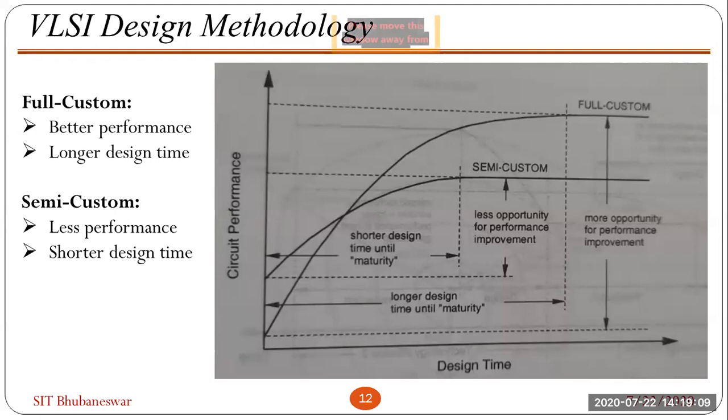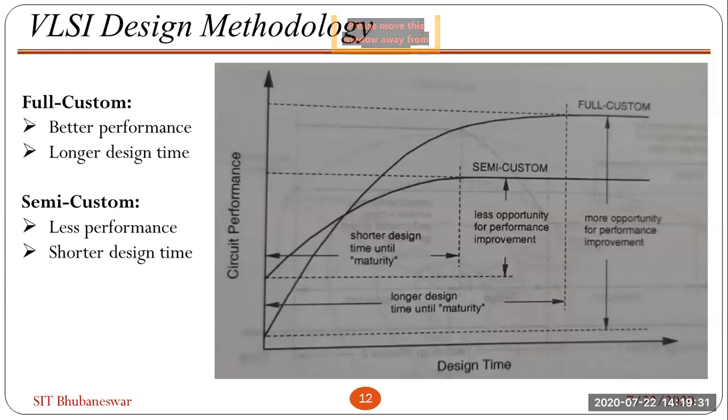It will take too much time, but we will get better performance, because ultimately without getting better performance we will not end. That's why analog design is full custom, it takes time, and we get better performance.